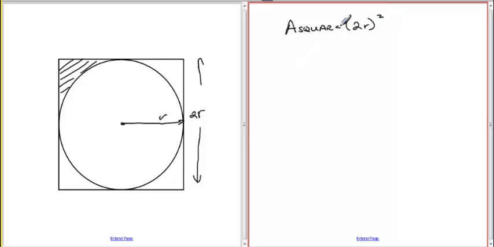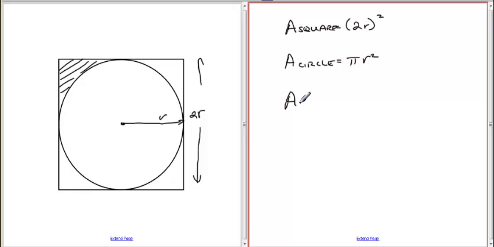And then you have the area of the circle, which is going to be equal to pi r squared. So that's this area. And the area of the square is going to be bigger than the area of the circle because we got these extra little bits here.